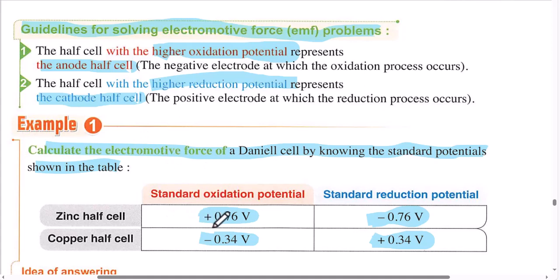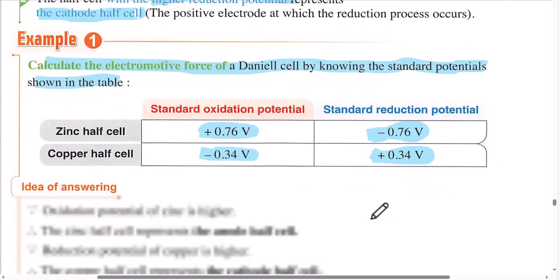The oxidation potential of the anode half cell plus the oxidation potential of the cathode half cell, or the oxidation potential of the anode half cell minus the oxidation potential of the cathode half cell, or the reduction potential of the cathode half cell minus the reduction potential of the anode half cell.